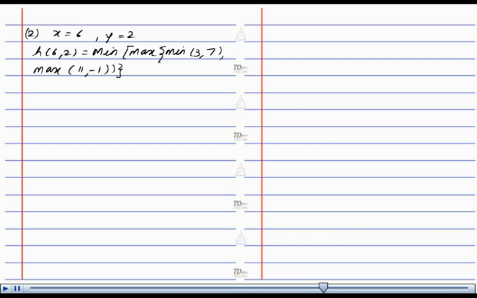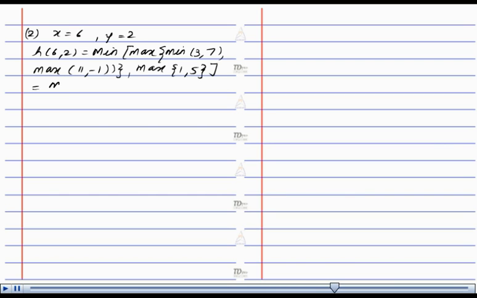Coming to option number 2, where x is 6 and y is 2, we get h of 6, 2 as minimum of maximum of (3, 7), maximum of (11, minus 1), maximum of (1, 5).